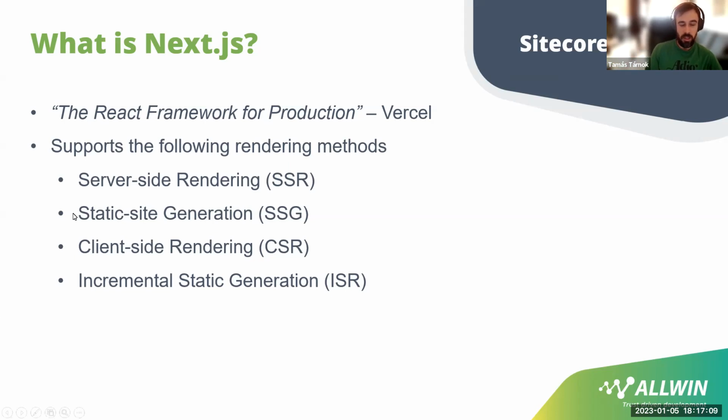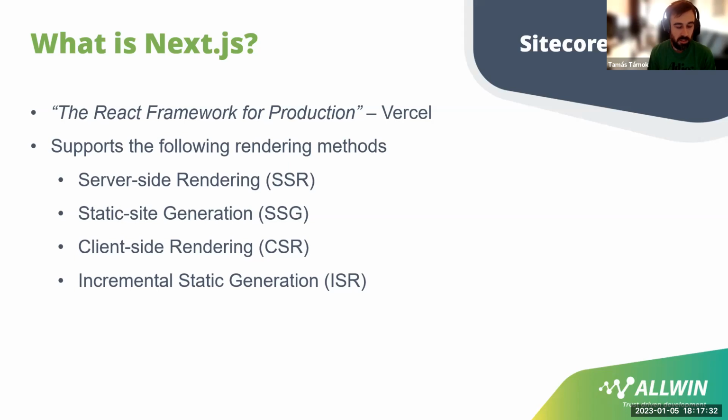So therefore we can have really, really fast sites because we don't really need a server to generate the HTML. In request time, we just need basically a file storage and then resolve the URLs and then return the HTML for those pages.